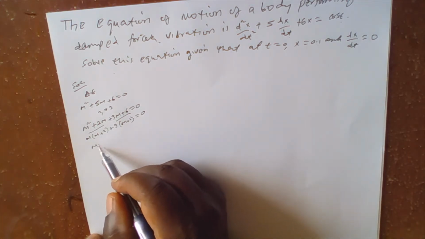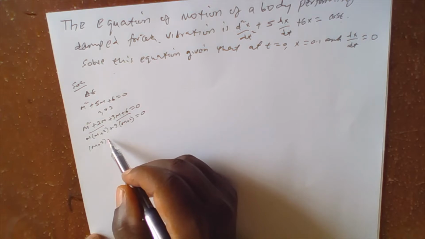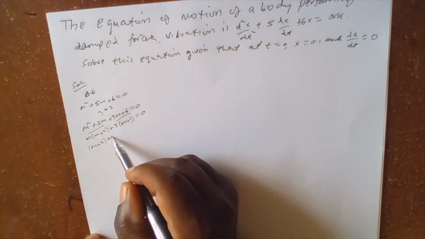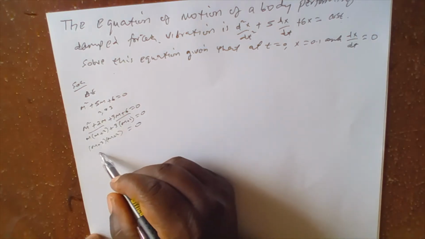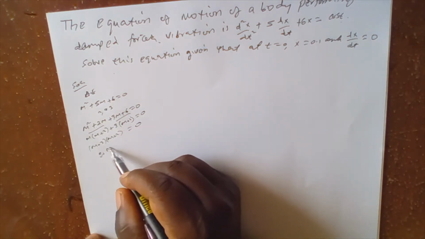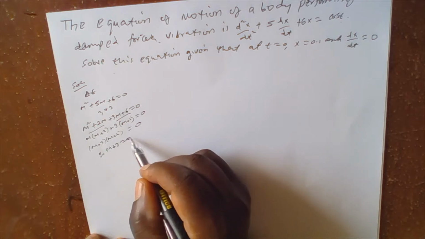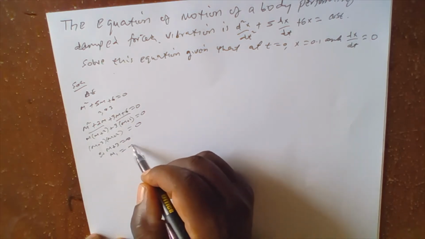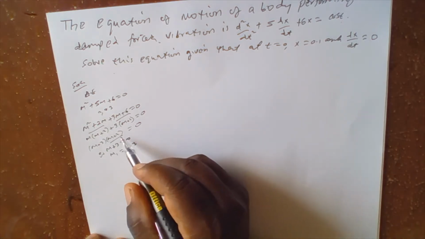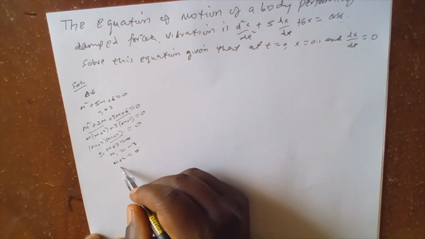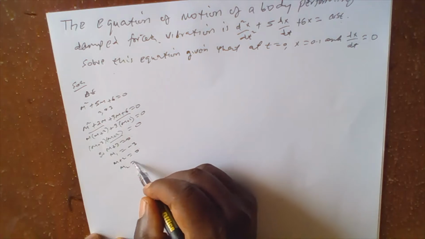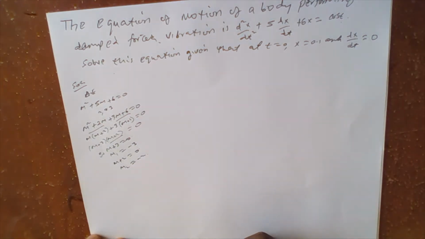So we have (m + 3)(m + 2) = 0. Therefore m + 3 = 0, m1 = -3. Then m + 2 = 0, therefore m2 = -2.